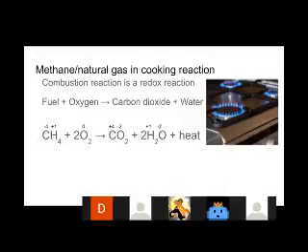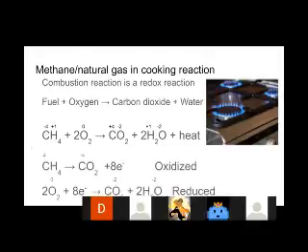So we see that H stays the same. Carbon goes from -4 to +4. That's going up. So it's oxidized. Oxygen goes from 0 to -2. So it's going down. That's reduced. And to balance the charges, if I did this right, I had to put 8 electrons. 8 electrons on one side, 8 electrons on the other side, right?